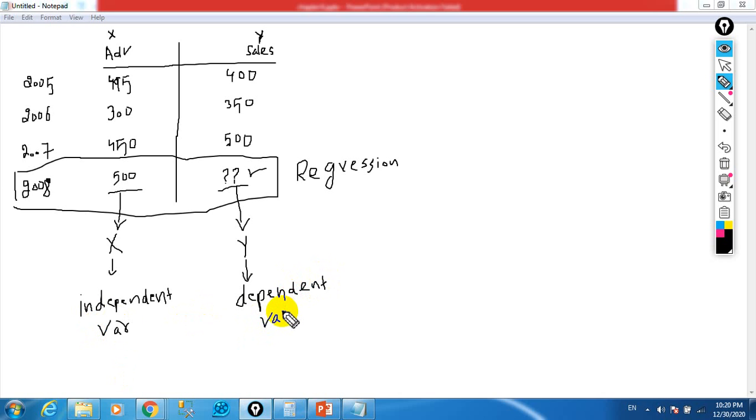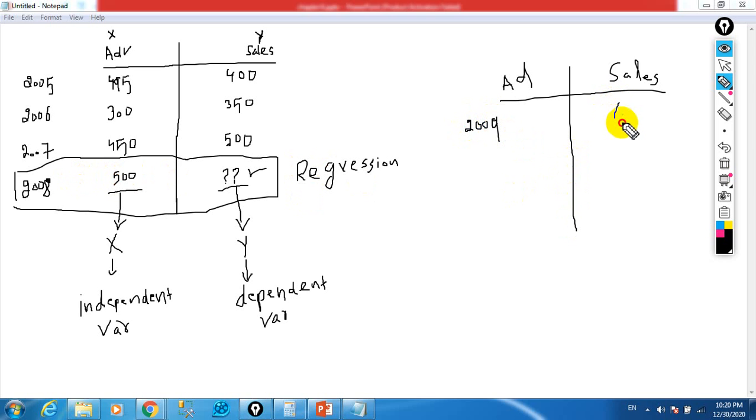Next, for example, I am telling you the sales of this year, 2009, are for example 600.